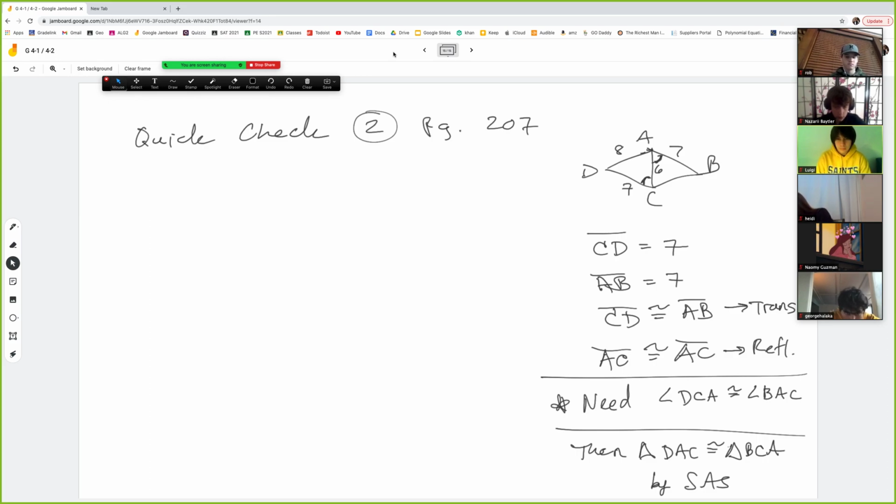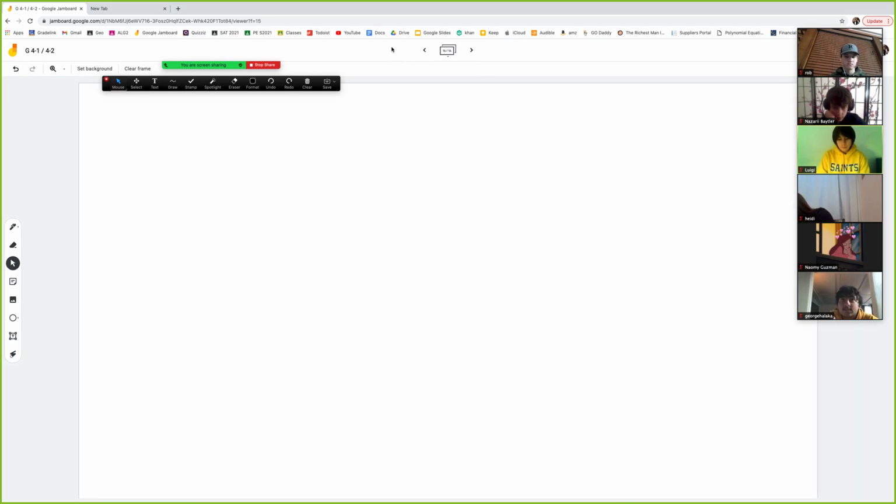Now, let's look at example 3. Are the triangles congruent? All right. Example 3. This is a good question because this is a little bit tricky. Are the triangles congruent? All right. Let's look at this. We have RED.